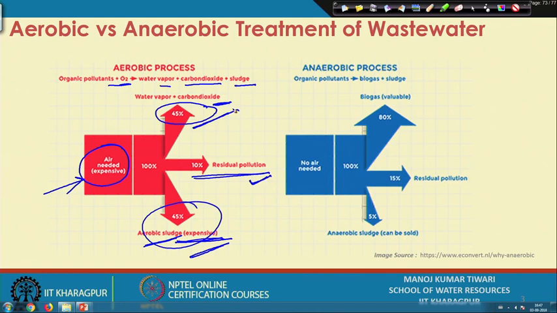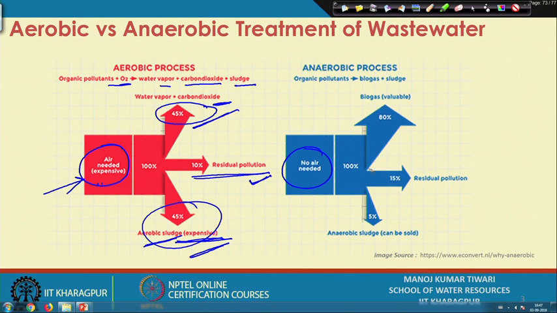Now, in the anaerobic system, because it works in the absence of oxygen, there is no air needed. So, the energy and cost intensive part of the aerobic system is not there in the anaerobic system. That is one part.